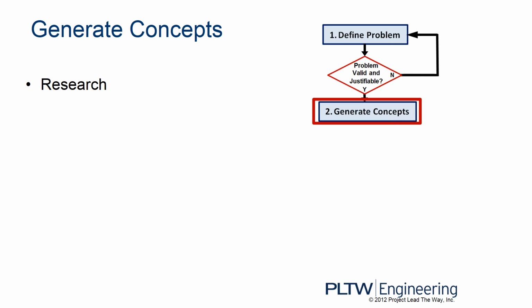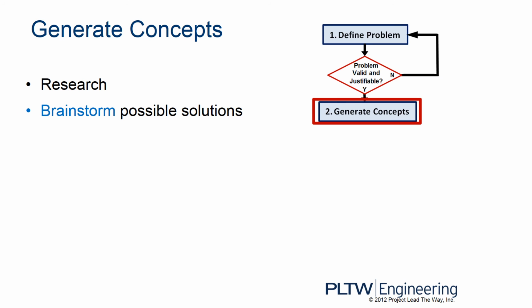Because if somebody else has spent thousands and thousands of hours solving a problem and you can take all of that, then you just saved yourself thousands and thousands of hours. Learn from others and use what they've learned. After you complete your research, then you could move into the brainstorming process.